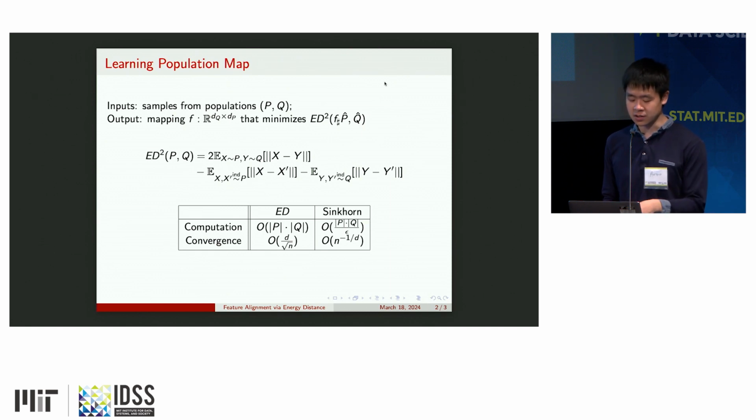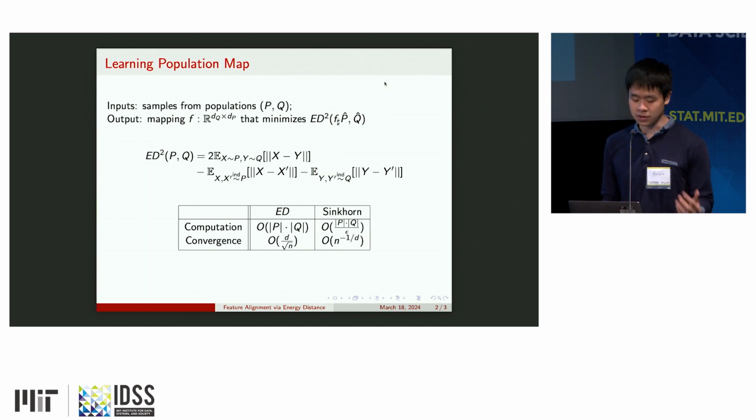As you can see over here, energy distance takes the product of the number of samples from P times the number of samples in Q. Whereas if you use Wasserstein distance, then you need to find the optimal coupling. And even if you use Sinkhorn distance, which might be a bit faster, it is still slower than using energy distance.